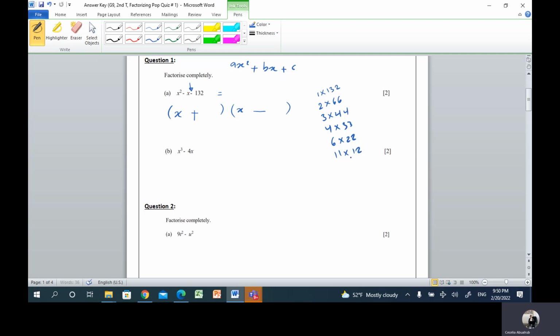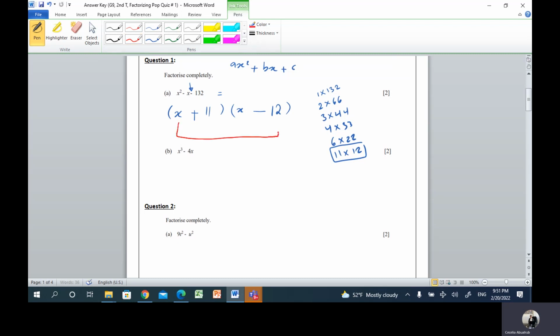And we are going to choose this pair because 11 times 12 is 132. And the difference between 12 and 11 is 1, which is the coefficient of x here. So we must place the 12 here because the middle term is carrying the negative sign, and we place the 11 here. How do we check our factorizing?